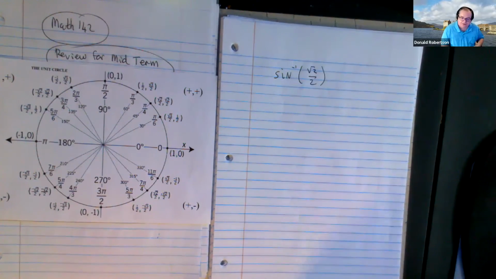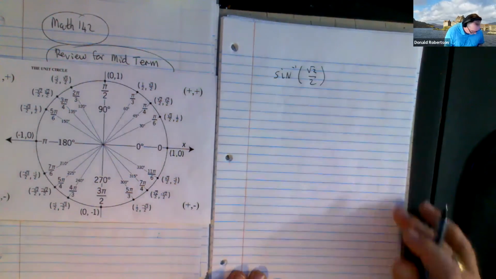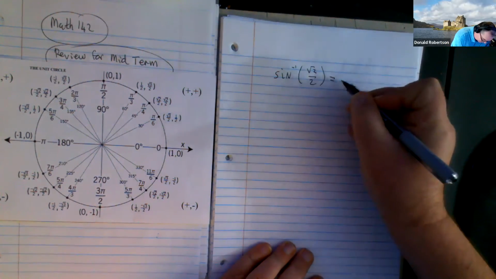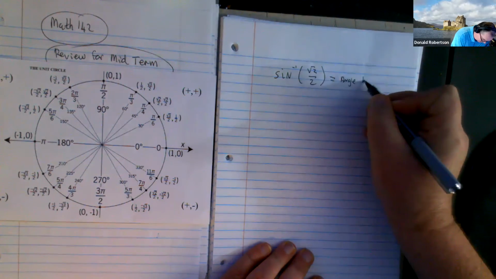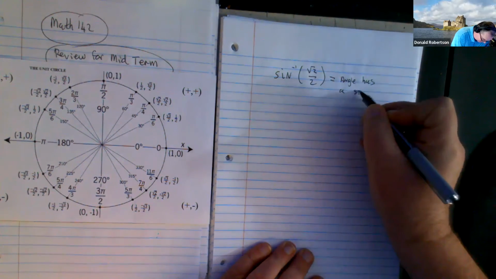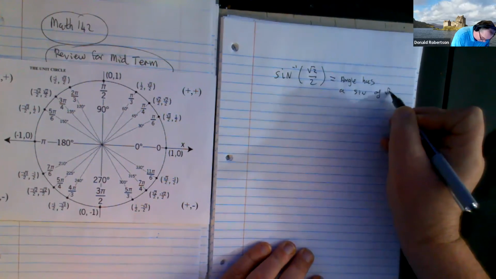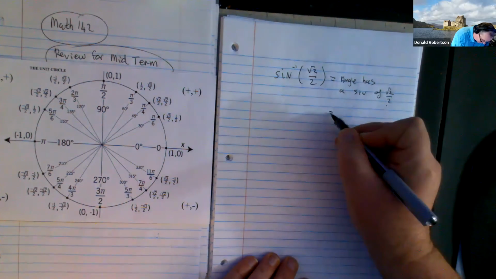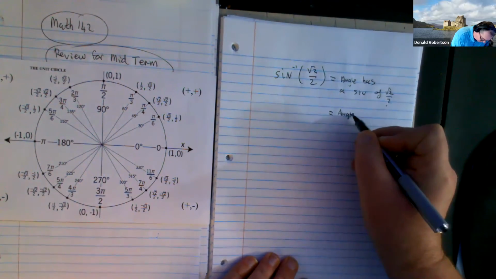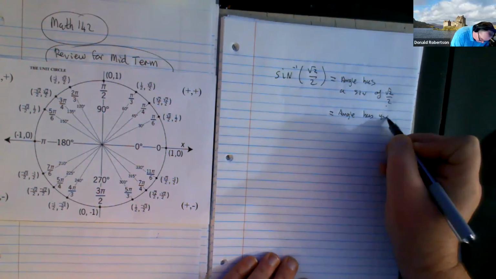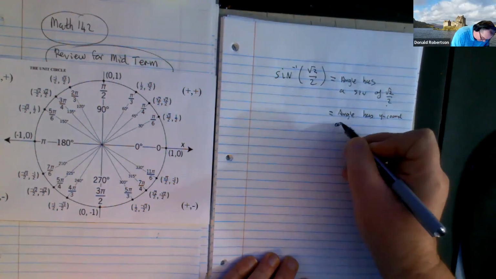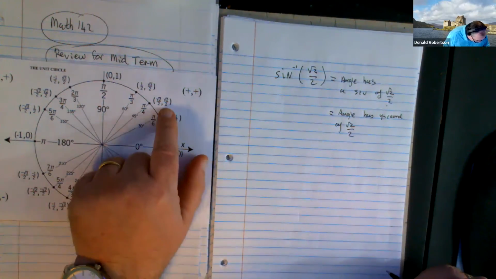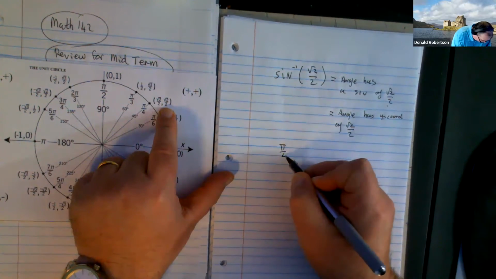If you were being asked to find, and it's always exact values of this unit circle again, what you're going to be looking at essentially is what angle has a sine of root 2 over 2. And since it's a sine, isn't that what angle has a y coordinate of root 2 over 2?